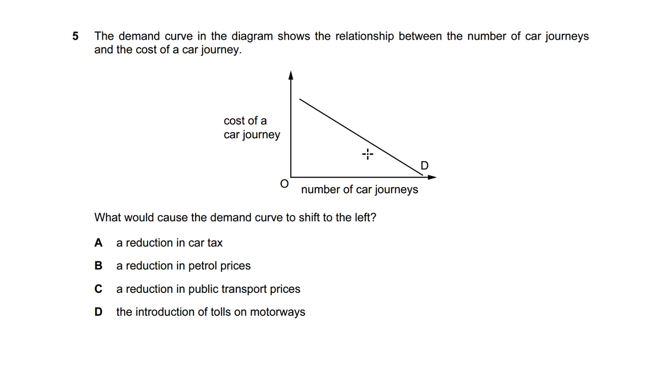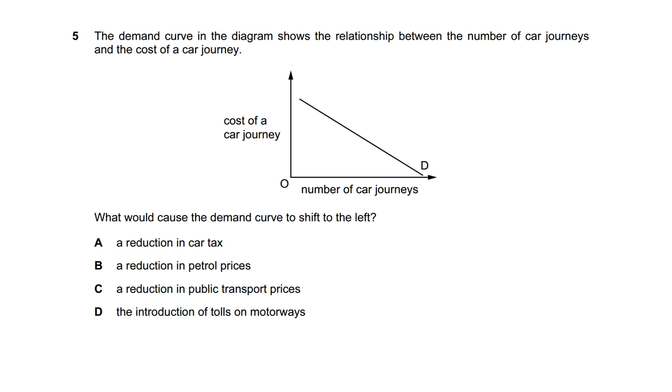So if the cost of a car journey were to go up, there would be a fall in the quantity of car journeys, and so we would move along the curve. And if there was a fall in the cost of a journey, then we would have a movement to the right. But this question is talking about what would cause the demand curve to shift to the left.